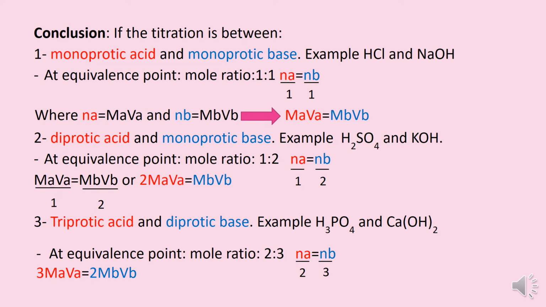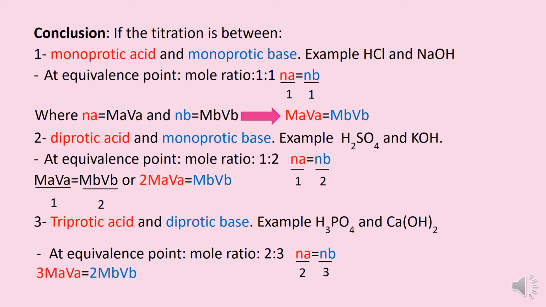Now at equivalence point, we have neutralization occurs. The mole ratio is 1 to 2. What does it mean? It means 1 mole of the acid H2SO4 is required to neutralize 2 moles of the base KOH.